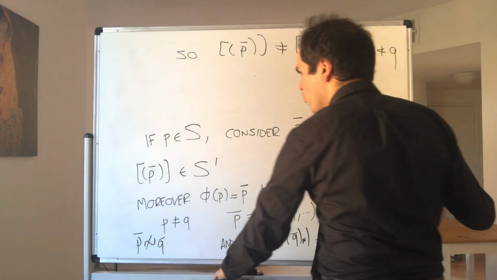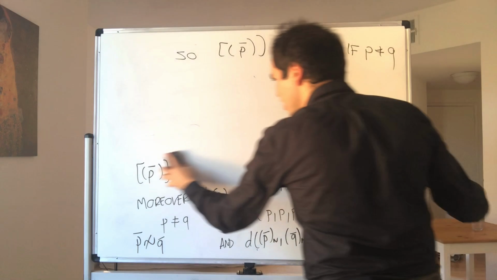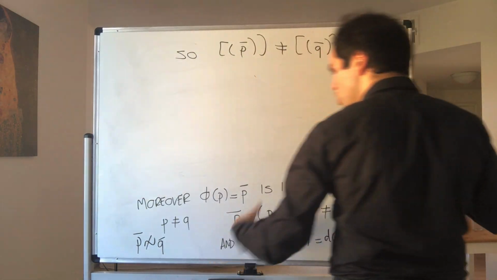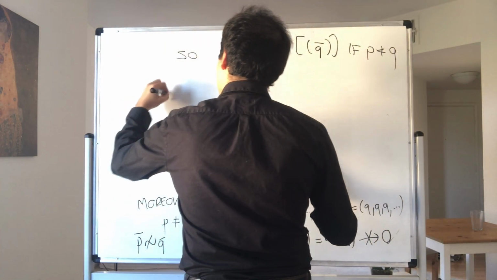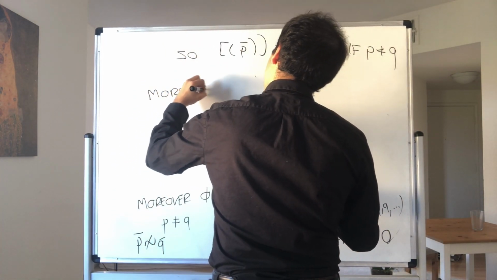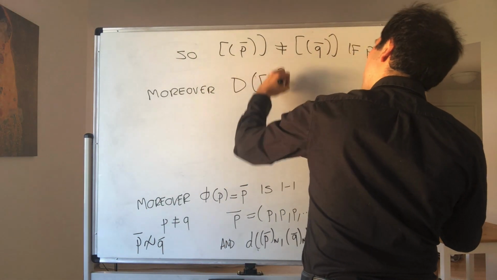And moreover, the nice thing is, and you may have realized this here, this association preserves the metric. So moreover, what is the distance of P bar and Q bar?